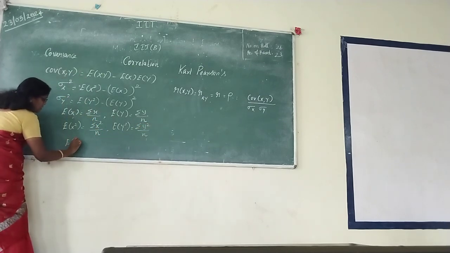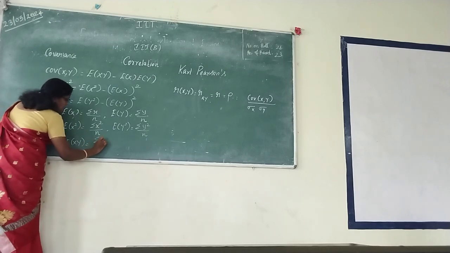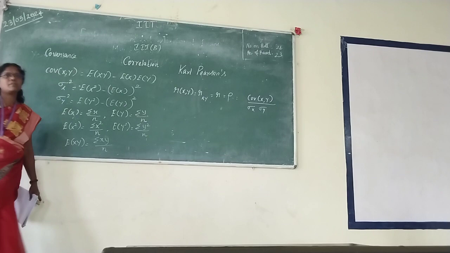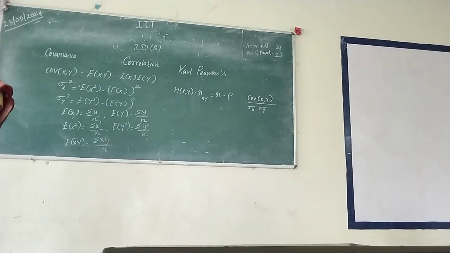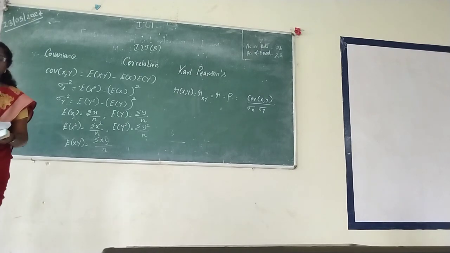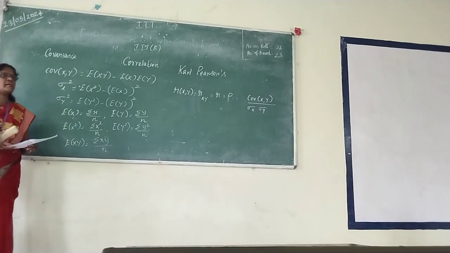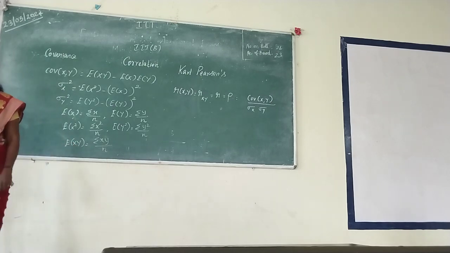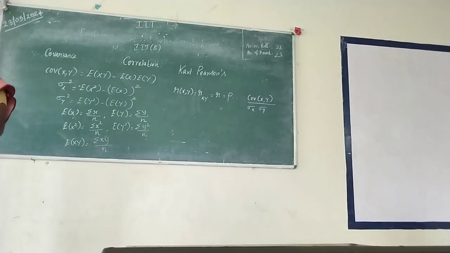E of xy equals summation of xy by n. You may get data associated with probability values; when you go to that problem, I will discuss it. What does n stand for? Number of data. Any doubt in this?